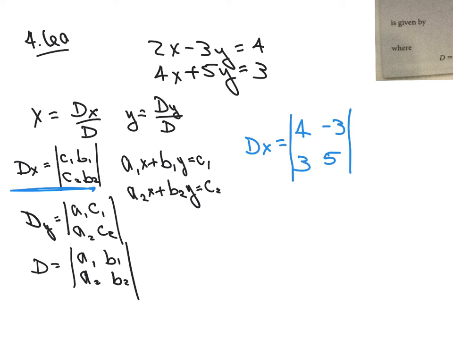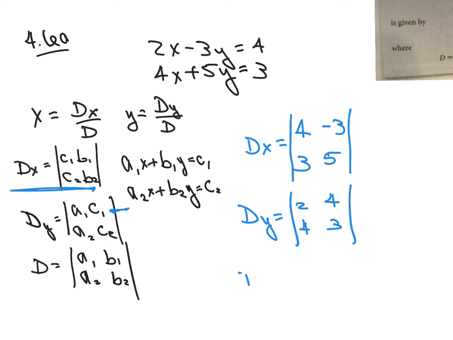Okay, so now we'll do a Dy. That's going to be that. So we've got A1, which is this. So it's 2. We've got C1, which is going to be a 4. We've got A2, which is going to be the other 4 in the bottom row, and a C2.